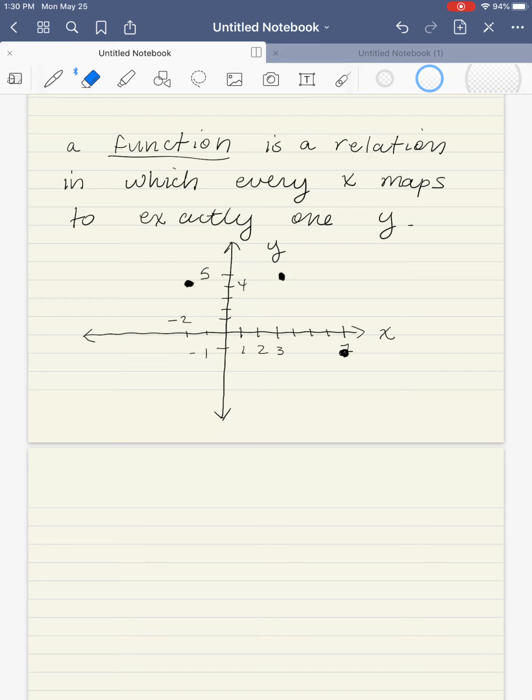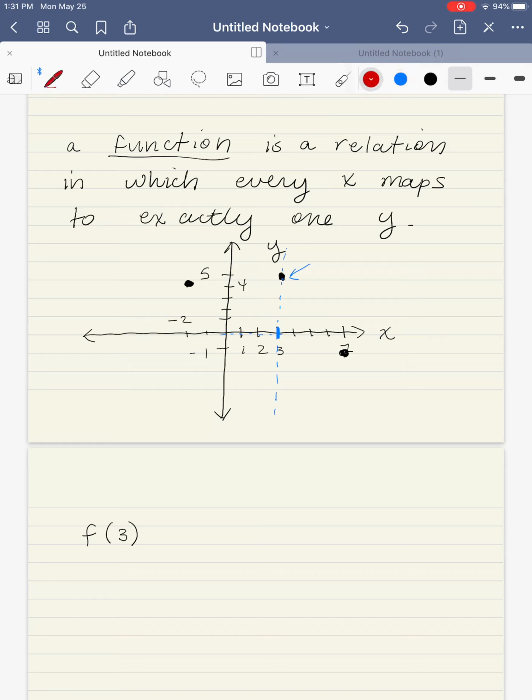So if I wanted to ask you what is f of 3, for instance, what I would do is go out to x equals 3, and then I would look straight up and down from x equals 3, and I would see where that imaginary line crosses the function.